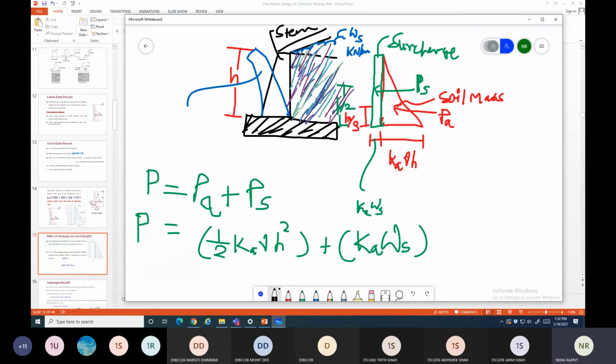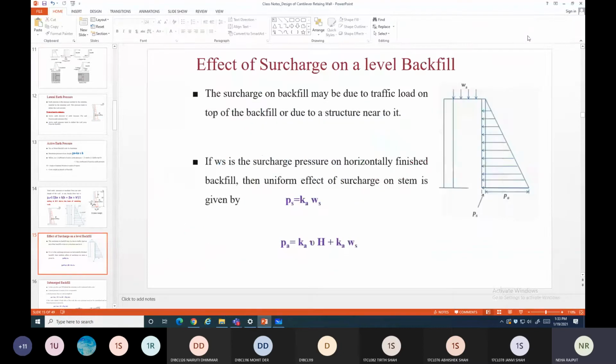This is called the deflection. And the total pressure is PA plus PS, and this is the diagram, the additional force above the soil mass.